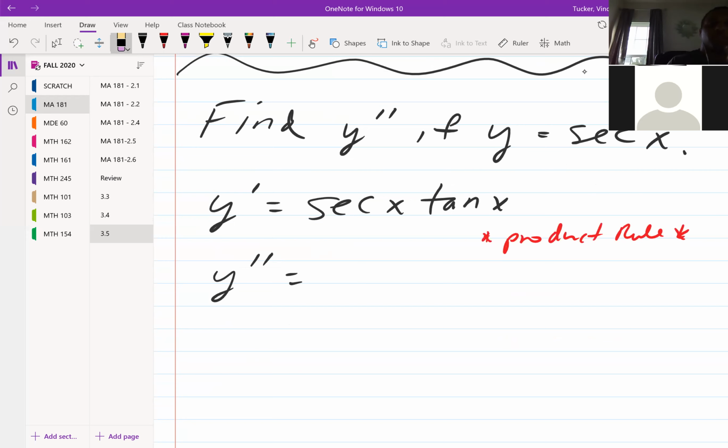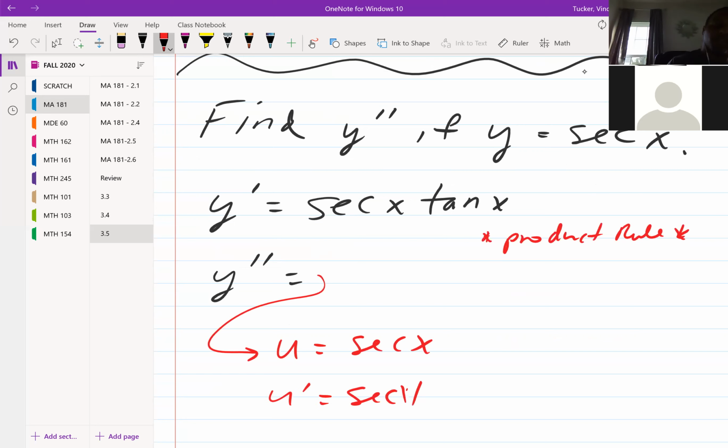So that means u will be secant x, u prime is going to be secant x tan x, v will be tan x, and v prime is secant squared.